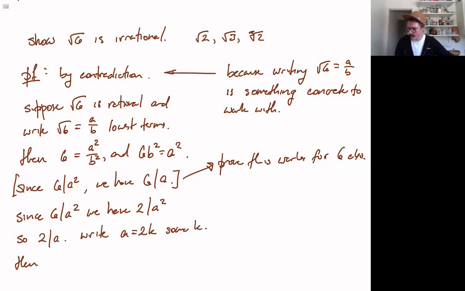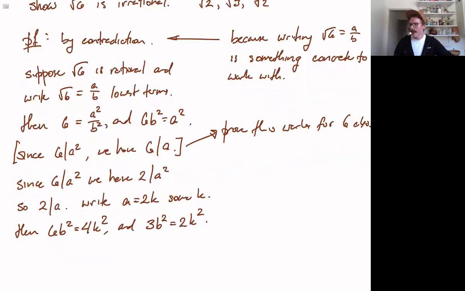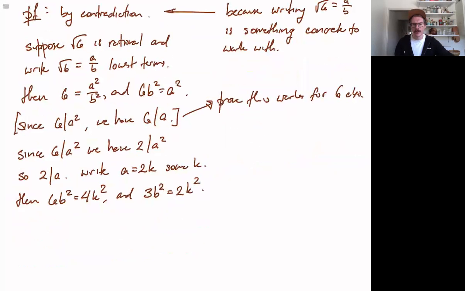Then returning to our equation here, we have 6b squared equals 4k squared. And now, if we divide both sides by 2, 3b squared equals 2k squared. And now we see that we need still a little bit of additional maneuvering, because if we want to be very precise, we should include a slight extra step to conclude that 2 divides b squared rather than just something here.